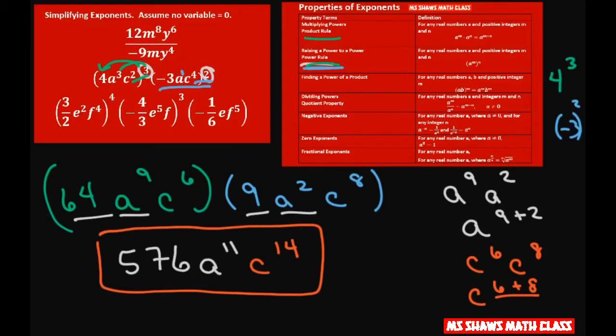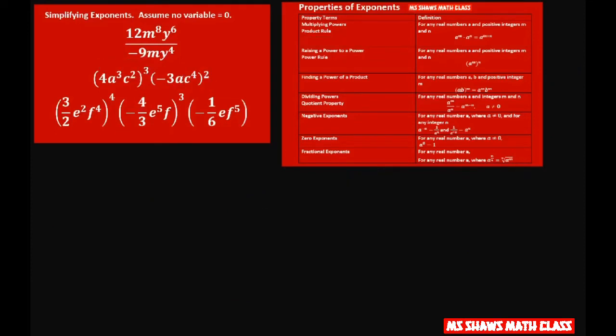All right, and the next one has fractions. So we've got 3 parts too. 1, 2, 3. So, using our power rule, we're going to take 3 halves to the 4th.